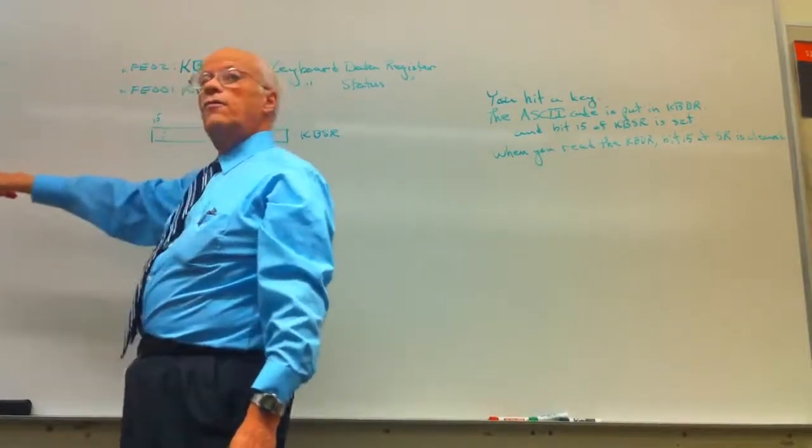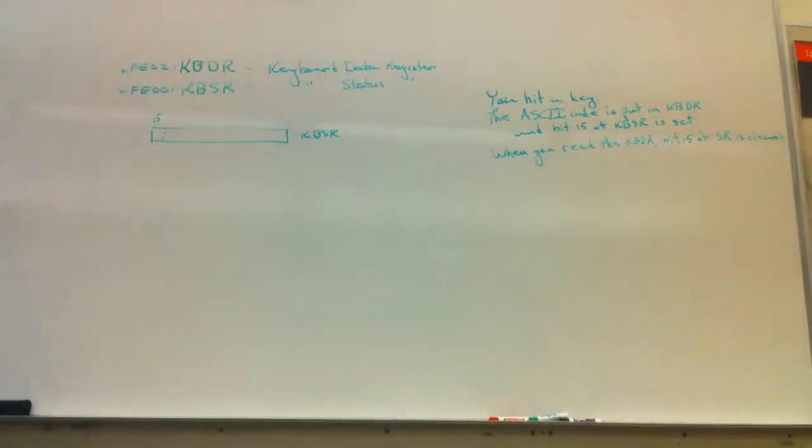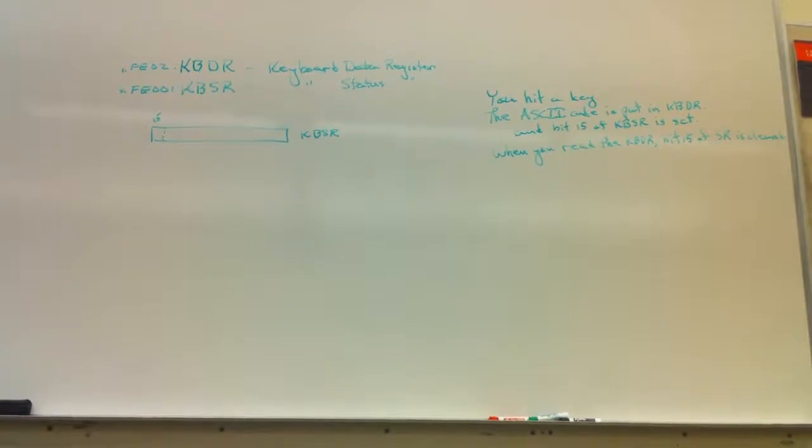So I've got to have some memory locations that help me get to them. So we'll say keyboard status register, we'll fill that with FE00 and keyboard data register FE02.